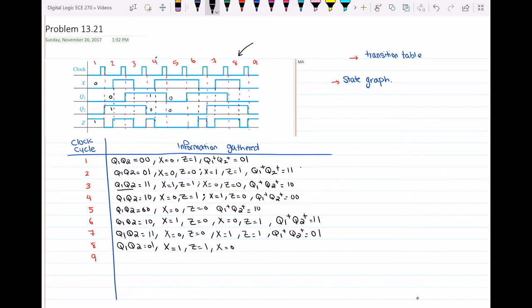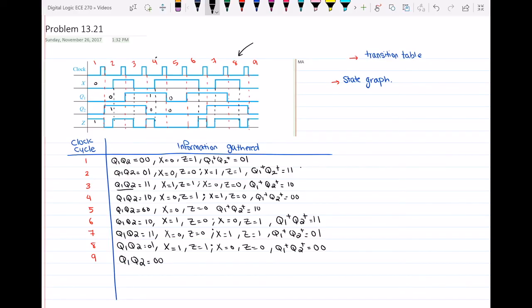So actually here I should put this. Okay, X changes to 0. So Z is also changing to 0, right? And then the next state of my flip-flops is 0, 0, right?